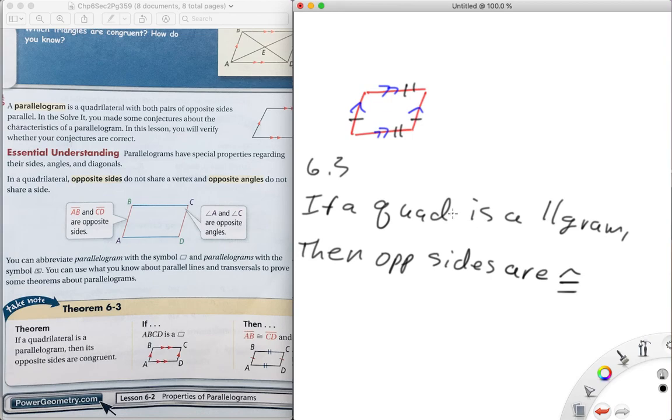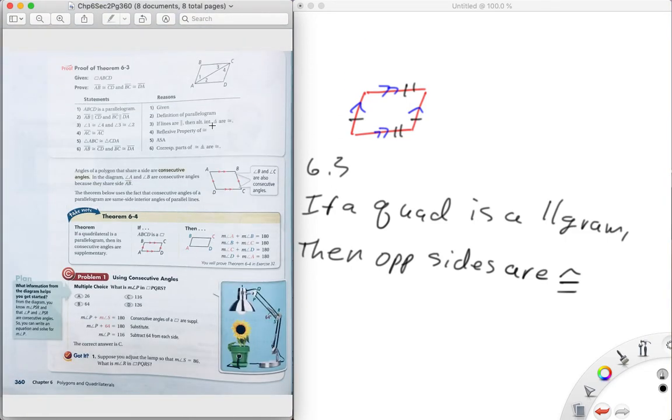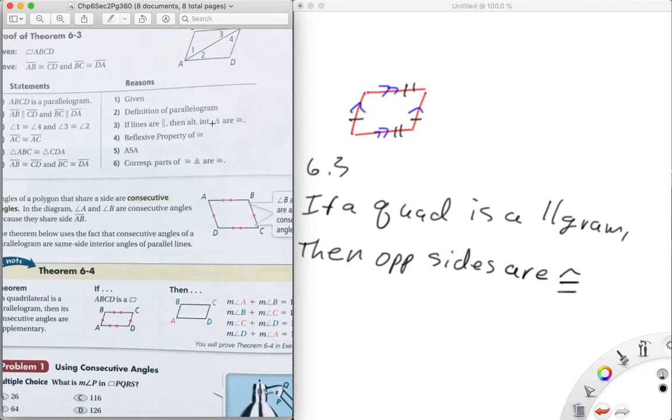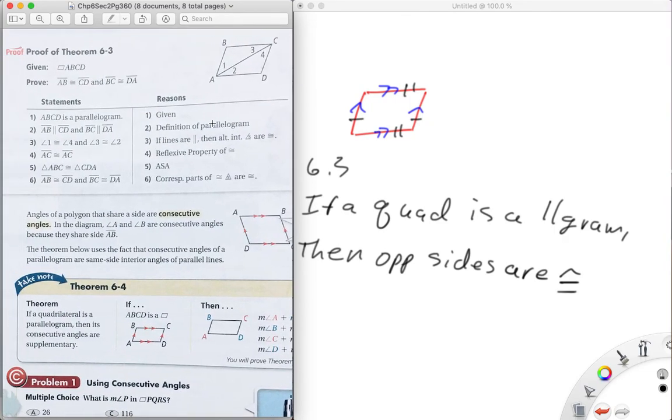In a parallelogram, opposite sides are parallel and opposite sides are congruent. They have the proof of it over here. I'm not going to spend too much time on this proof. You're not going to be really required to know this proof. There are going to be some proofs in this section that I do want you to be aware of. We're told that it's a parallelogram, right?